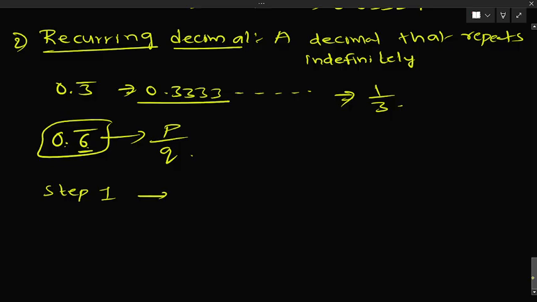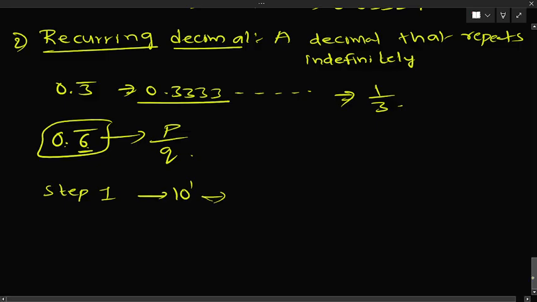So count the digits that repeat after the point. Here only one digit repeats after the point. So we multiply by 10 power of the number of digits. Here one digit means we multiply by 10 power 1, which gives you 10. So in the first step we have to multiply by 10.